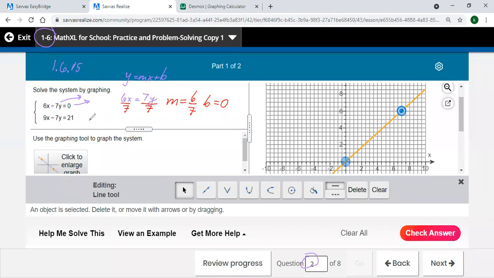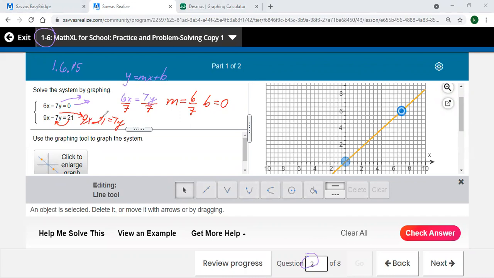And let's see the bottom one. Solving this one for y, I'm going to add the 7y to the right, and then I'll subtract the 21 over to that side, and the 9x.